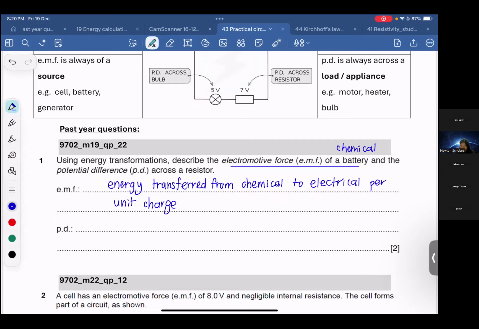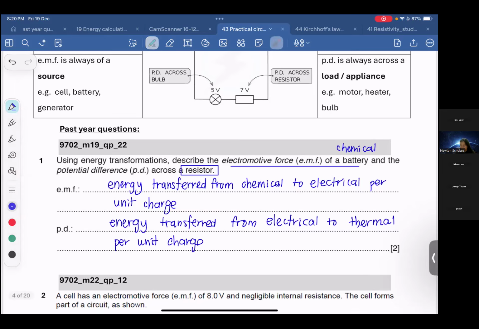Most of the time, this one is energy transfer from electrical, because current is flowing through the resistor, to what energy? Thermal. The resistor will get hot. Thermal energy per unit charge.